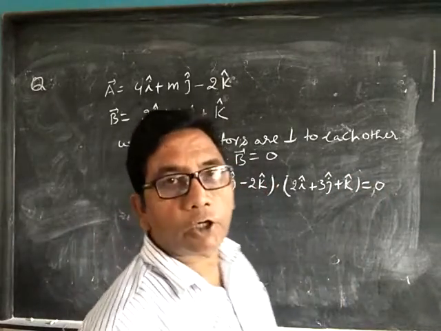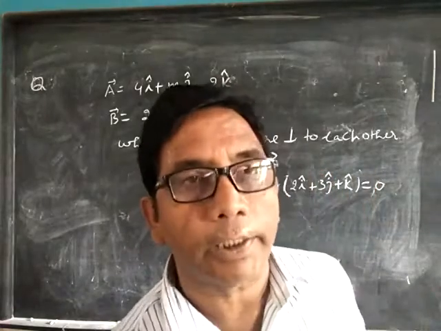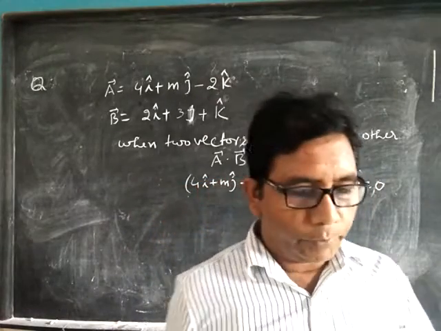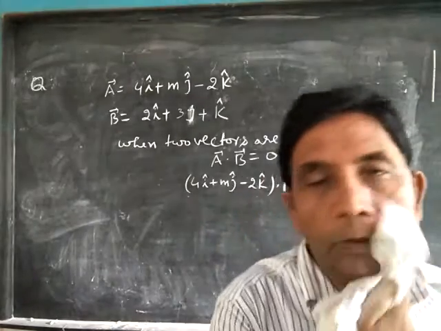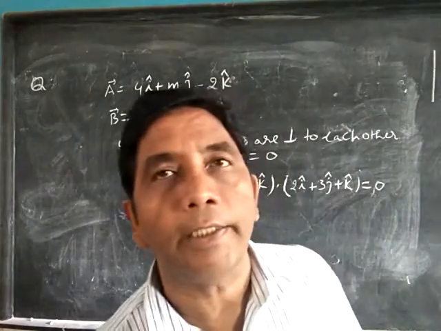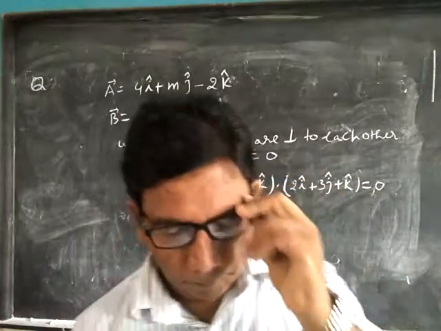We know that i dot i is equal to j dot j is equal to k dot k is equal to 1, and i dot j is equal to j dot k is equal to k dot i is equal to 0.